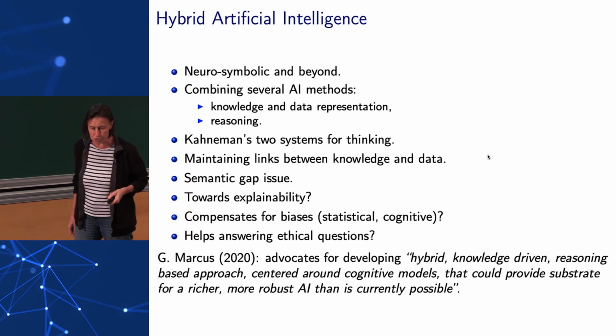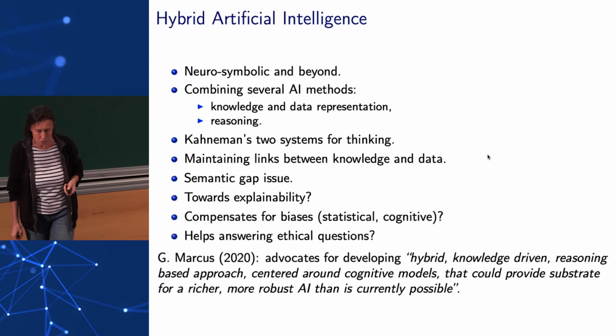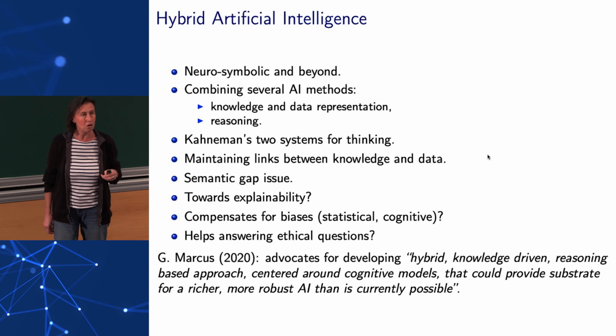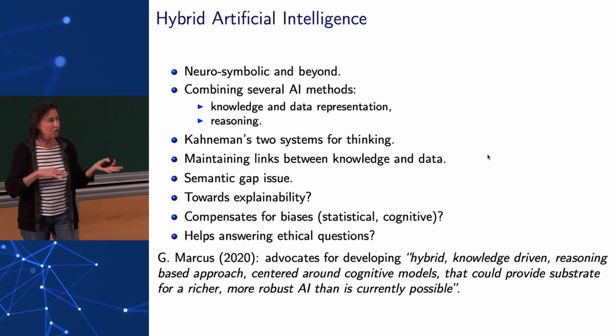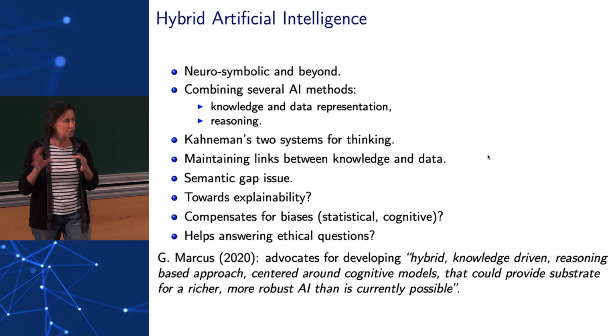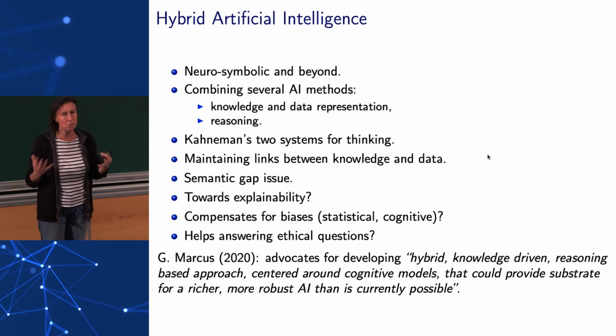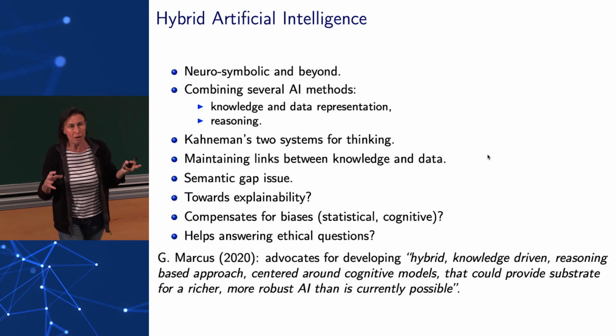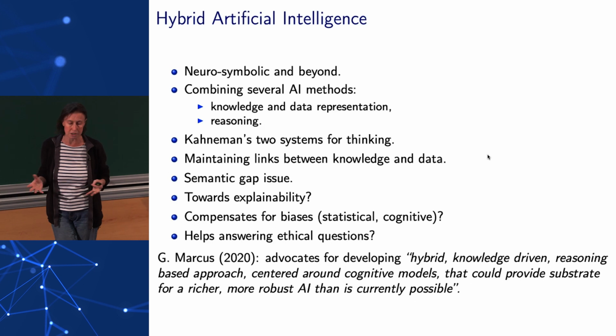So now I'm coming to hybrid artificial intelligence. What I mean by this is not just combining deep learning with symbolic methods, but, in a more general sense, combining different fields of artificial intelligence.